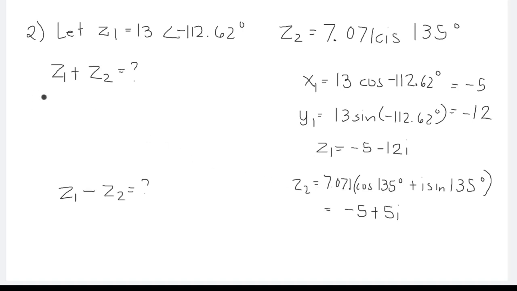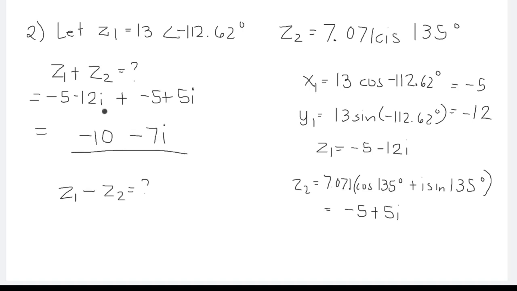We can perform the addition and subtraction of these two complex numbers. For C1 plus C2, that's negative 5 minus 12i plus our C2, negative 5 plus 5i. So negative 5 minus 5 is negative 10, negative 12 plus 5 is negative 7i. So this is for the addition of these two complex numbers.